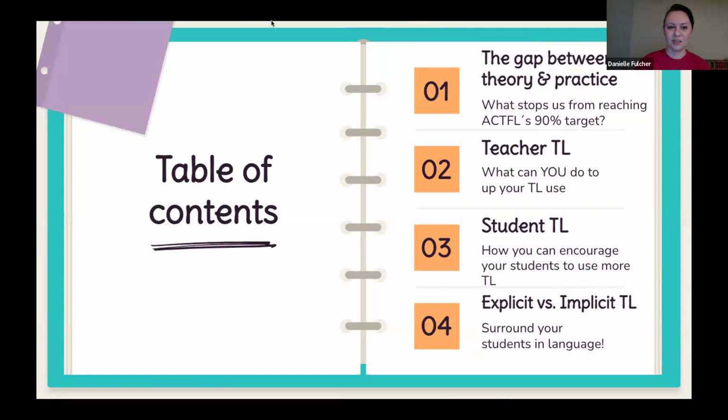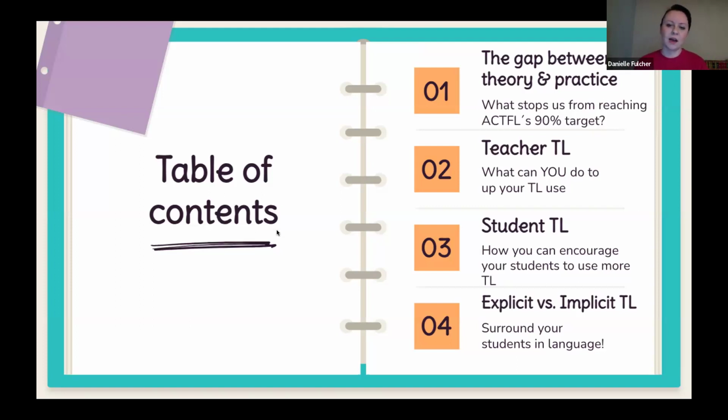I've separated my presentation into 4 different parts. The main thing is the gap between theory and practice. We're going to first take a look at some of the obstacles that prevent us from getting to actually 90% in the target language each day in the classroom.